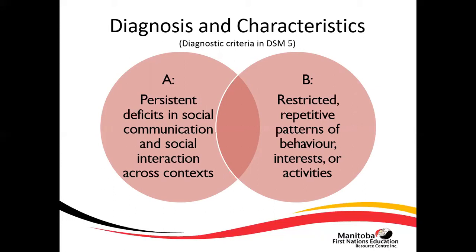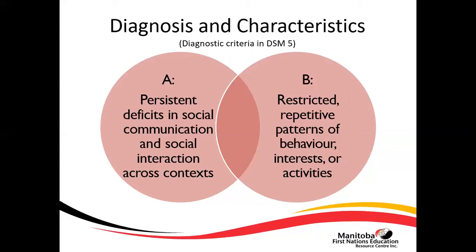If we look at criterion A, it states that there are persistent deficits in social communication and social interaction across contexts. So some examples of this would be reciprocity in social situations, like the give and take involved in a conversation, responding in conversations, understanding why someone else is maybe sad.